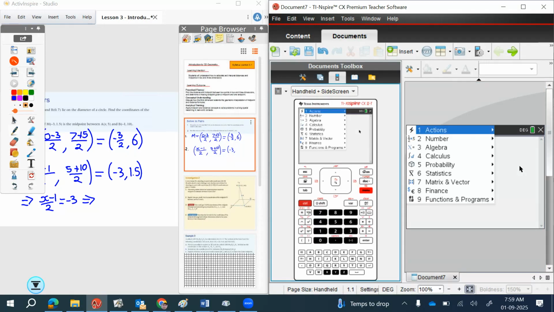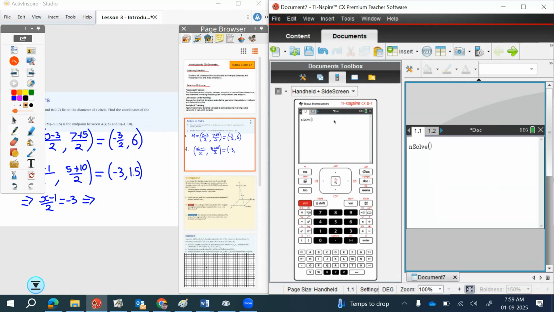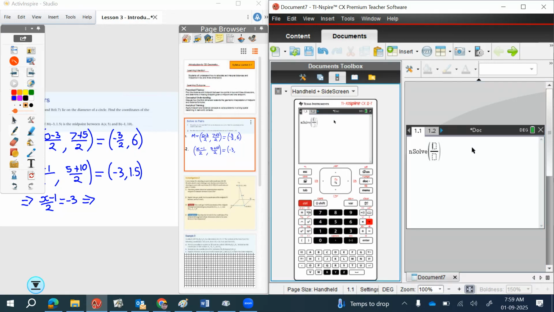We press menu, algebra, nSolve. Into nSolve we put the equation, so control, divide, we've got x minus 1 over 2 is equal to -3. And we have to press comma to say solve this for the variable x. And then it will tell us our answer is -5. So this implies that x equals -5.